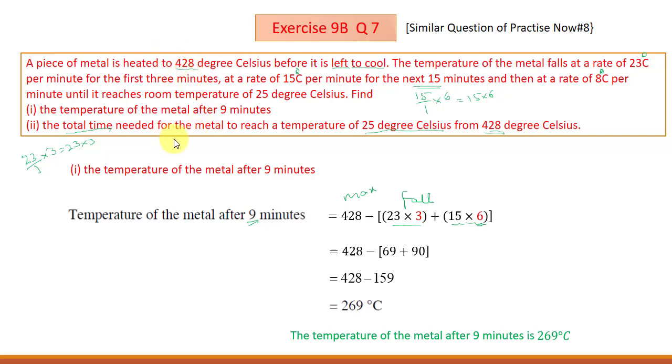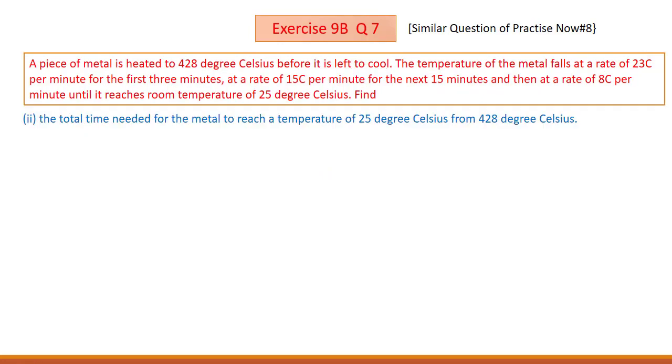So we have to calculate how much time is needed for the metal to reach the temperature of 25 degrees Celsius, which is the room temperature. Fine. So now we will do the second part. So the total time needed for the metal to reach a temperature of 25 degrees Celsius from 428 degrees Celsius.